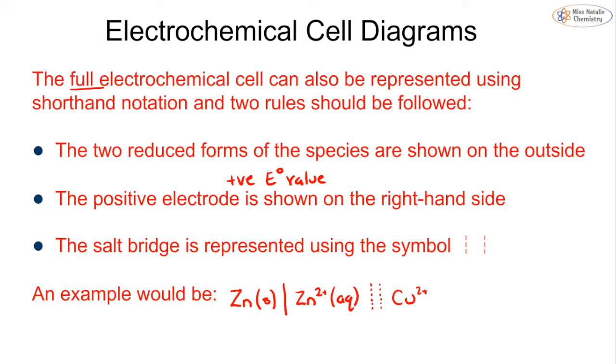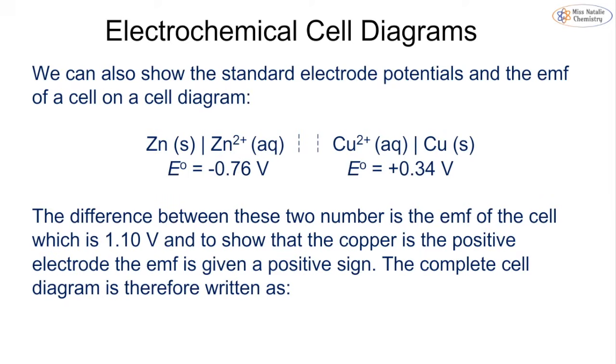I have my copper ion, my phase boundary, and my copper solid on the outside, because again, that is the reduced species. And this is showing the two different half cells that make up this cell. The copper being the more positive value is on the right-hand side, and the zinc being the more negative value is on the left-hand side.